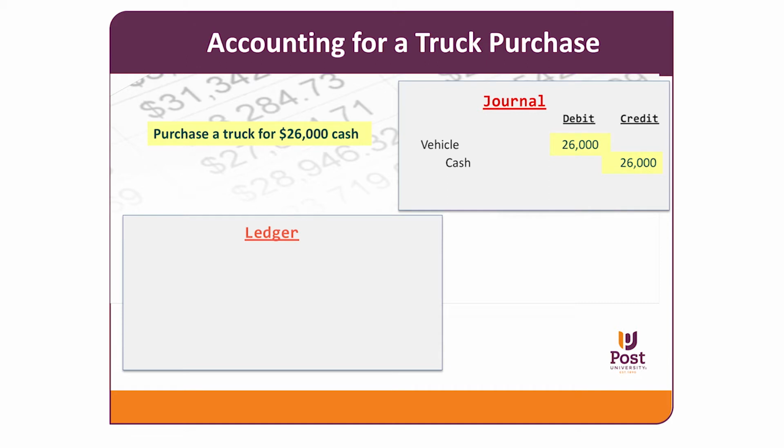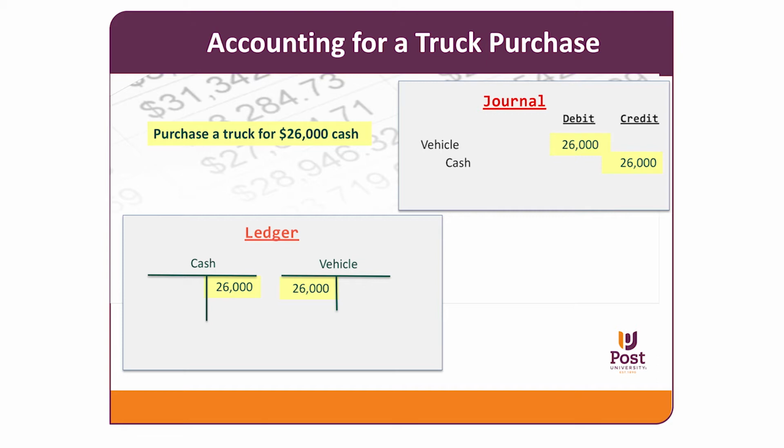Initially, we record the truck as an asset with a debit to the asset vehicle and a credit to cash if we paid for it in cash. We then post the transaction to the ledger accounts with a debit to vehicle and a credit to cash.